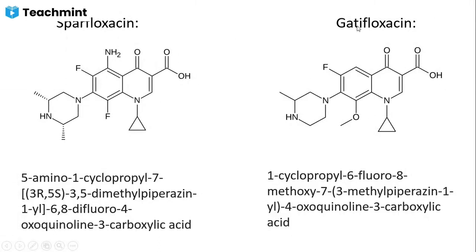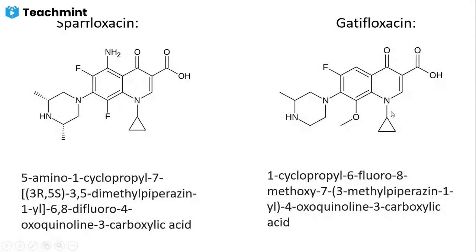Now, what is gatifloxacin? In gatifloxacin, instead of the fluorine group on the 8th position, there is a methoxy group. Again, the piperazine ring is the same, but there is a methyl group on the third position of the piperazine.